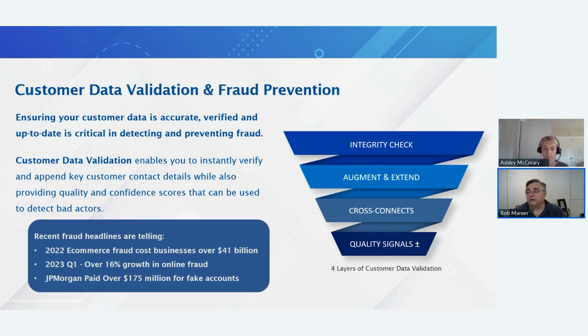And so customer data validation is going to instantly verify it. This is a real-time API that you're going to apply to the front door, if you will, as well as your data sets. And it's going to ultimately provide accurate contact data, and it's going to give you quality and confidence scores that you can use to programmatically detect bad actors.